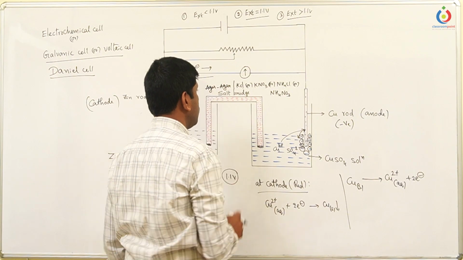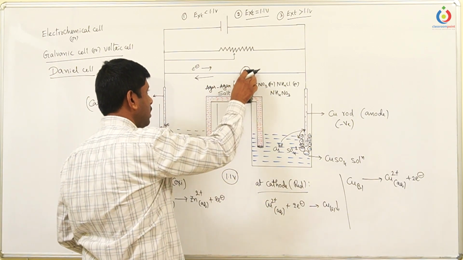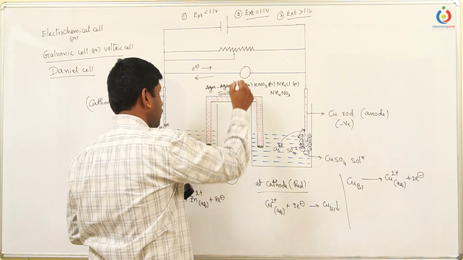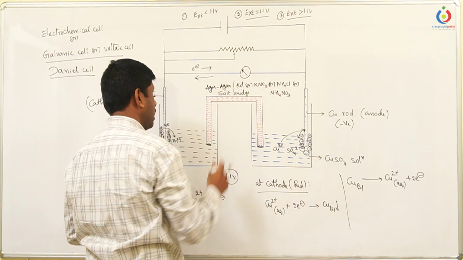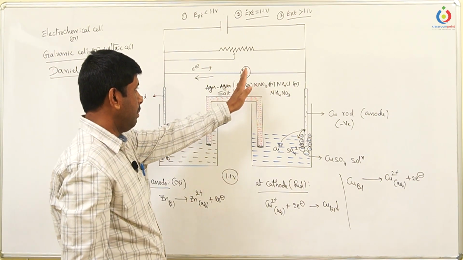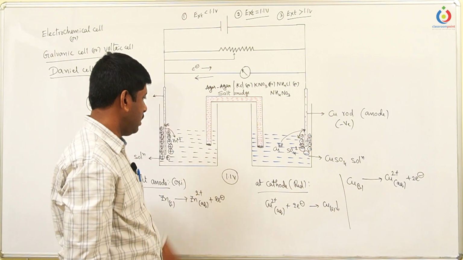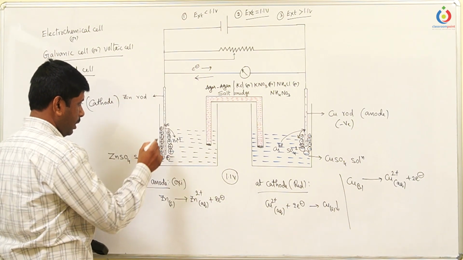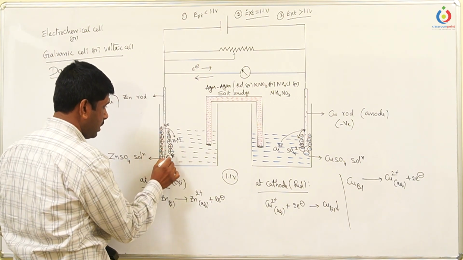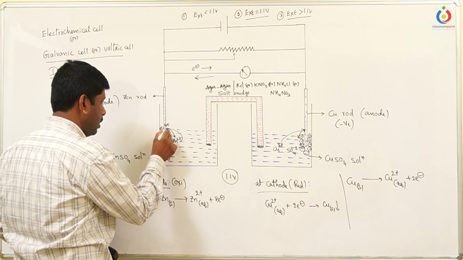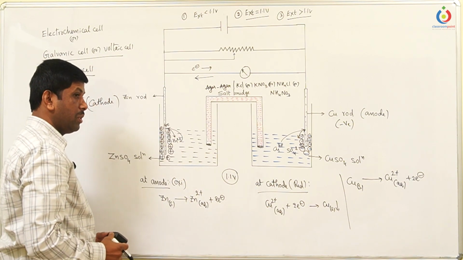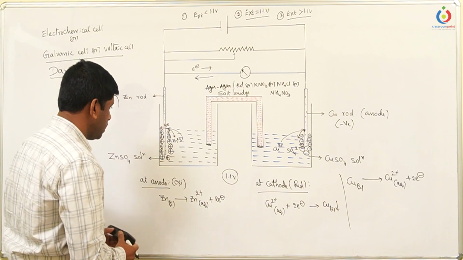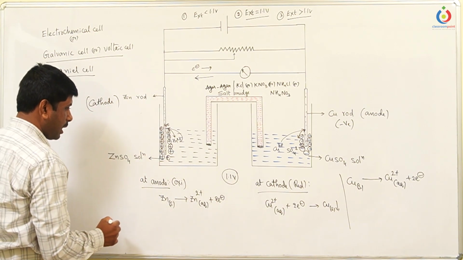Now the electron flow is from the copper rod to the zinc rod, so the movement of electrons is shown by the arrow mark like this. That means the voltmeter needle tilts towards the zinc electrode, and here zinc dissolution does not take place. Zn2 plus ion deposition takes place. Why? Because now it is acting as a cathode.